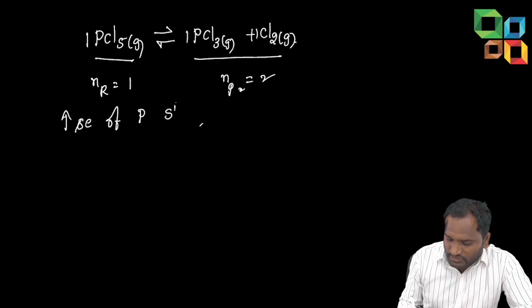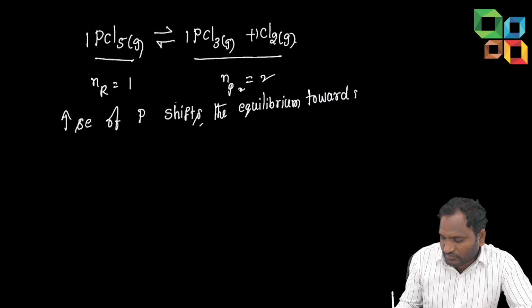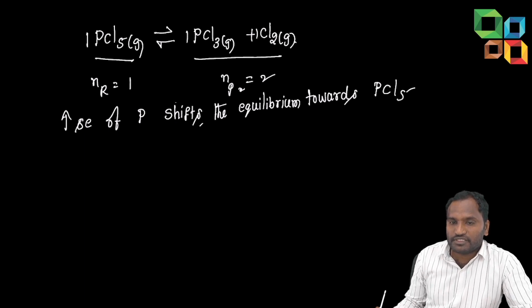Increase of pressure shifts the equilibrium towards PCl5, less number of moles side.